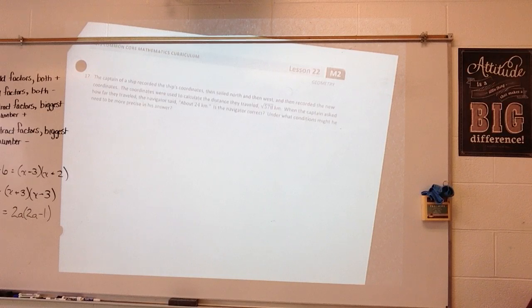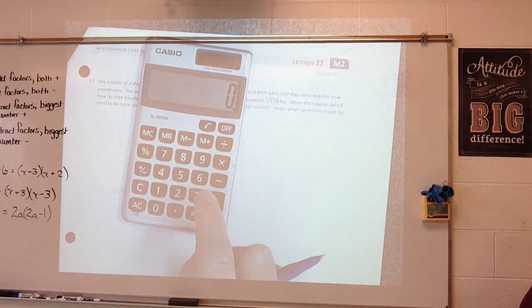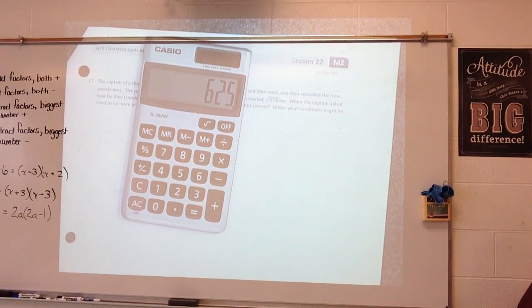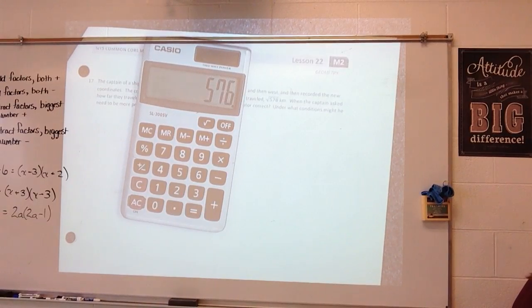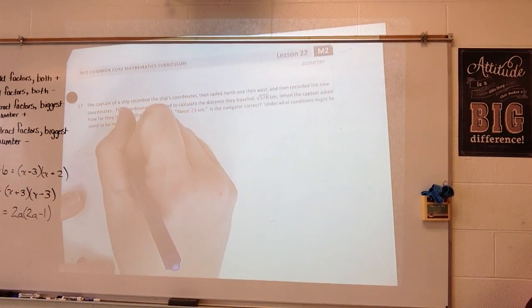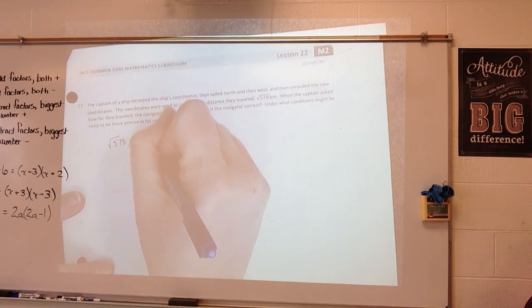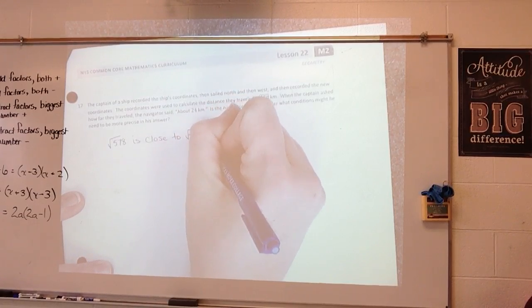Okay, so let's think about 578. So here's what I want to look at. 25 times 25 is 625. That's too much. 24 times 24 is 576. So the square root of 578 is close to the square root of 576.